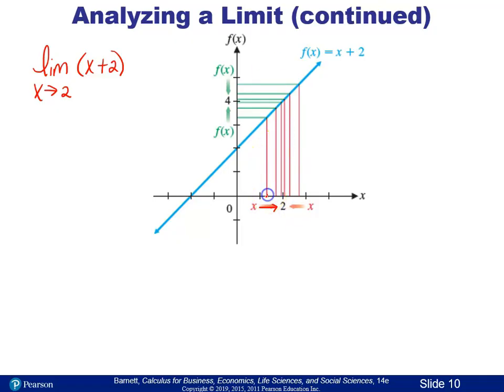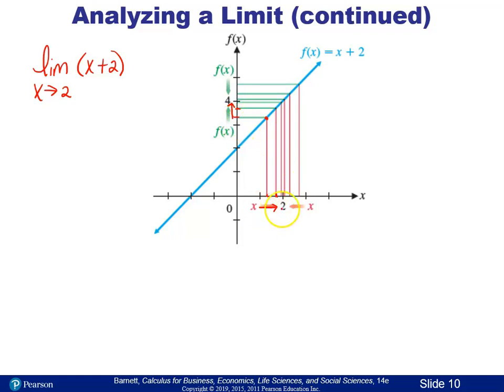So let's say we start out here. If I follow this up to where it hits the function and then over, and then we get a little closer to 2 and we follow that up and over, then we want to see what these values are getting closer to.